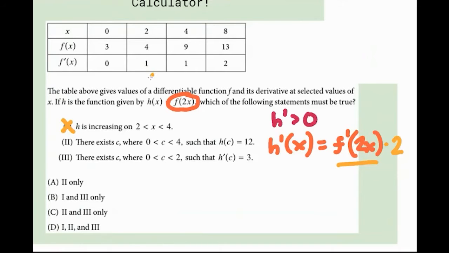Okay. The next one, there exists c between 0 and 4 such that h of c is equal to 12. This doesn't say it in this problem, but you need to see that that's really just saying mean value theorem. Actually, this isn't mean value theorem. I take that back because it's not a derivative.